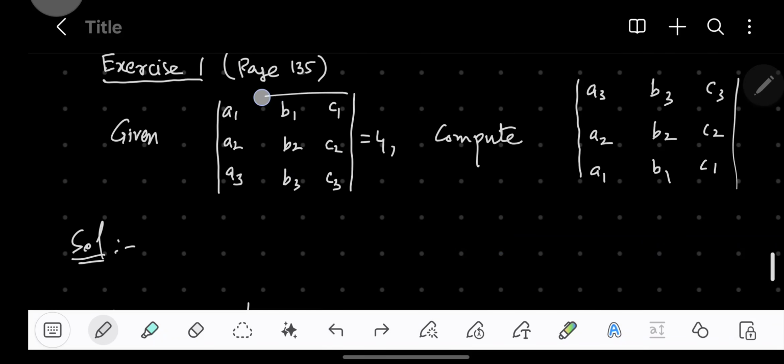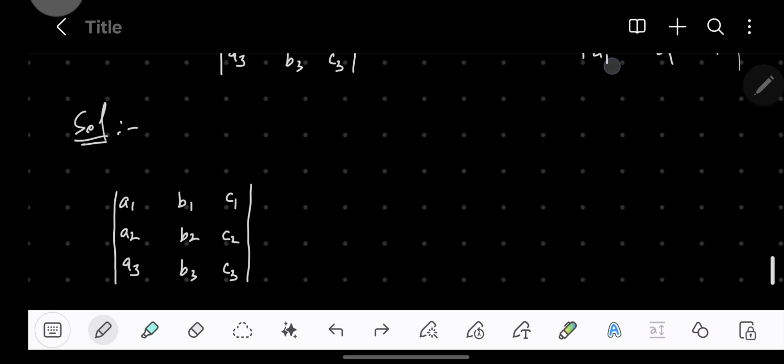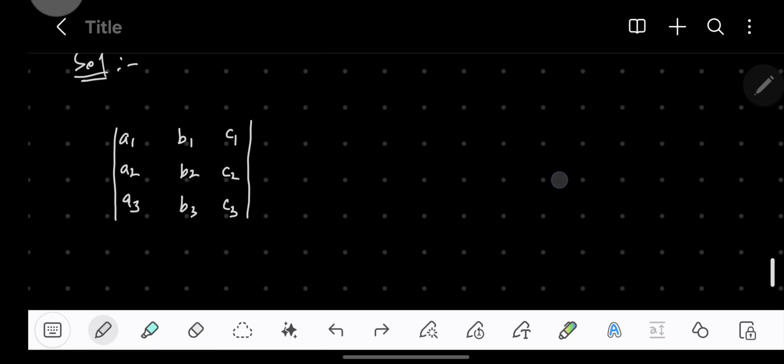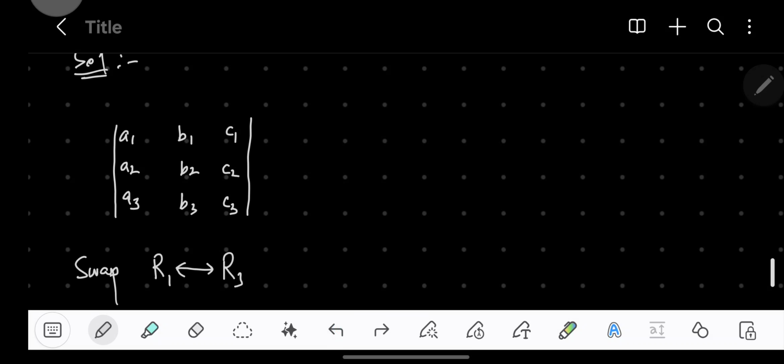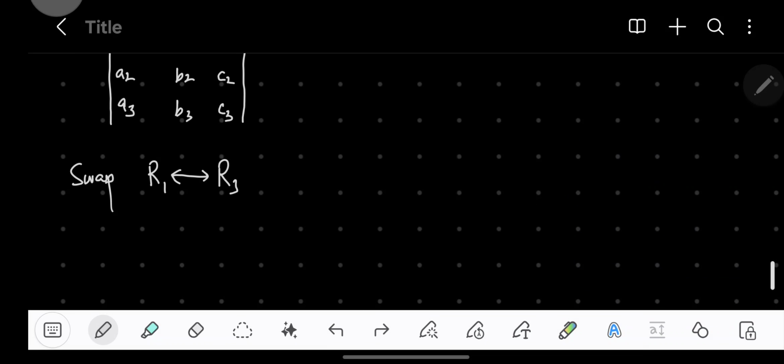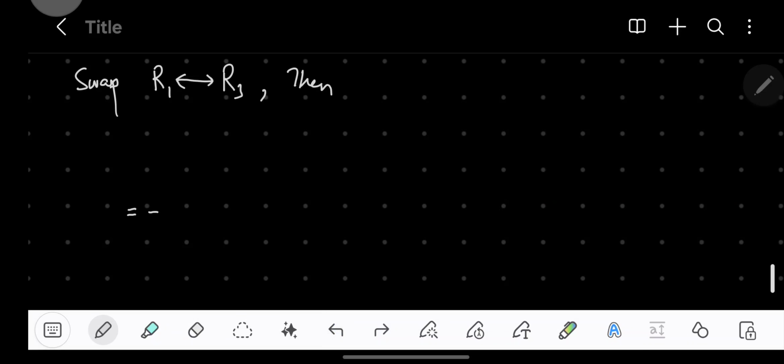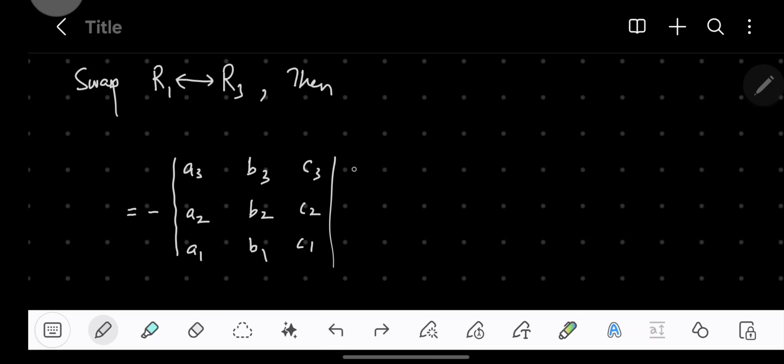So let's start from the given. I have written the given matrix. Then I will swap the rows. You know, the rule says whenever you swap the rows, the determinant becomes negative. So I will write this negative sign times the determinant of the swapped matrix.